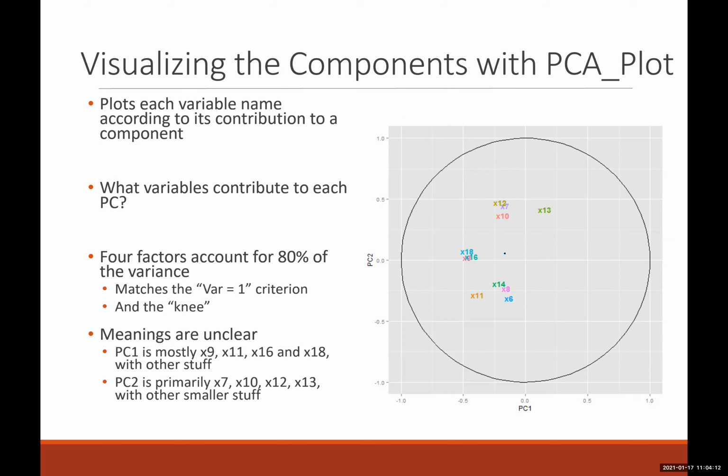And then we could do the same thing with these other variables as well. We'd notice that for principal component 1, variables 9, 18, 16, 11, and so on over on this side are more related to principal component 1, whereas variables up here like 12, 7, 10, and 13 are more related to principal component 2, while these variables down here are related more to principal component 1.